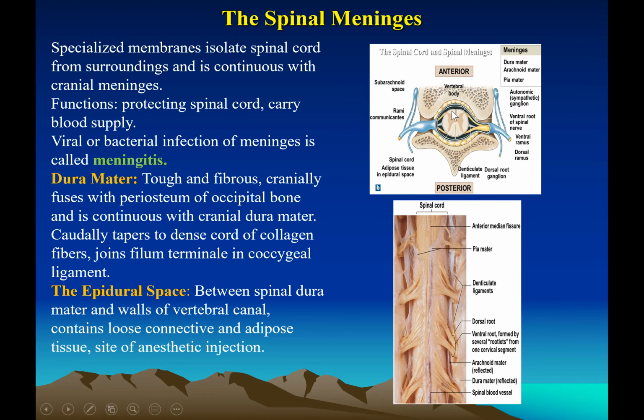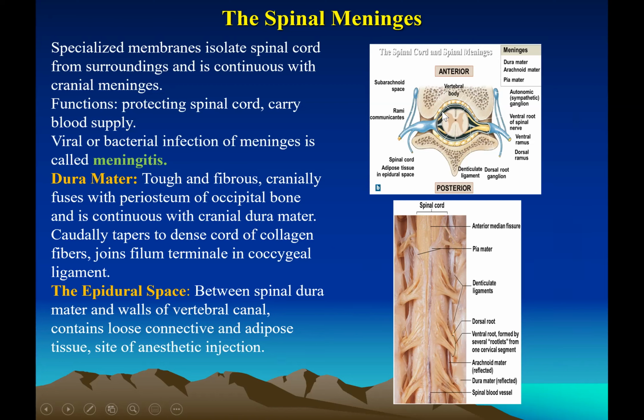Another important feature of the meninges is that it forms a conduit for the blood supply, because both brain and spinal cord require a lot of nutrition, energy, and ATP. The blood supply brings in all the nutrients and removes metabolic toxins.